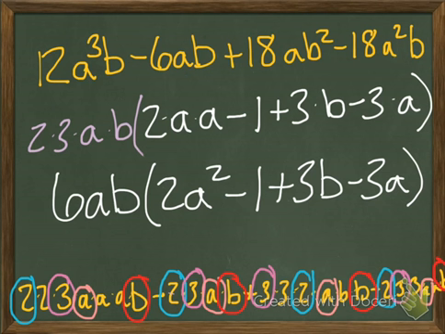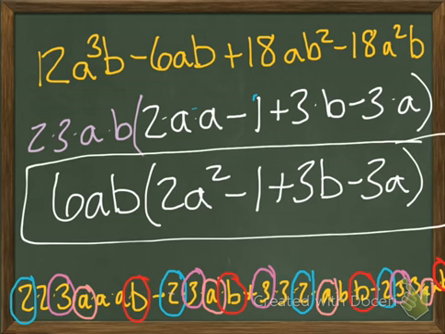We can simplify everything there. So how we got our statement in white here is 2 times 3 times a times b is 6ab. 2 times a is 2a squared, minus 1, plus 3 times b is 3b, and minus 3a. This is our final answer.